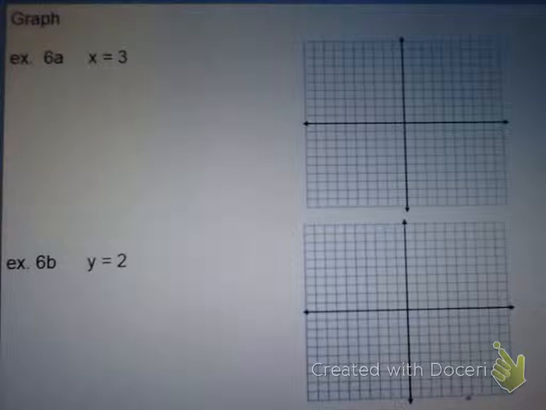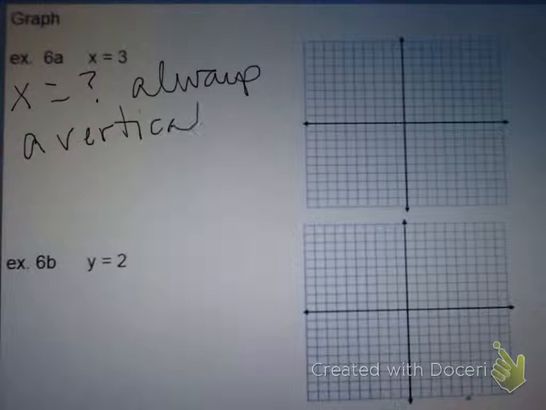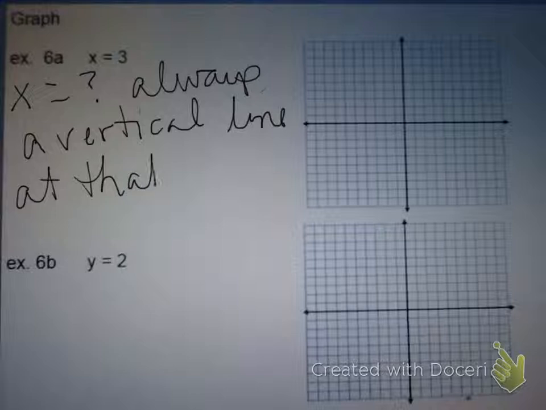Example 6a, x equals 3. Anytime you have just x equals some number, it is always a vertical line at that number.